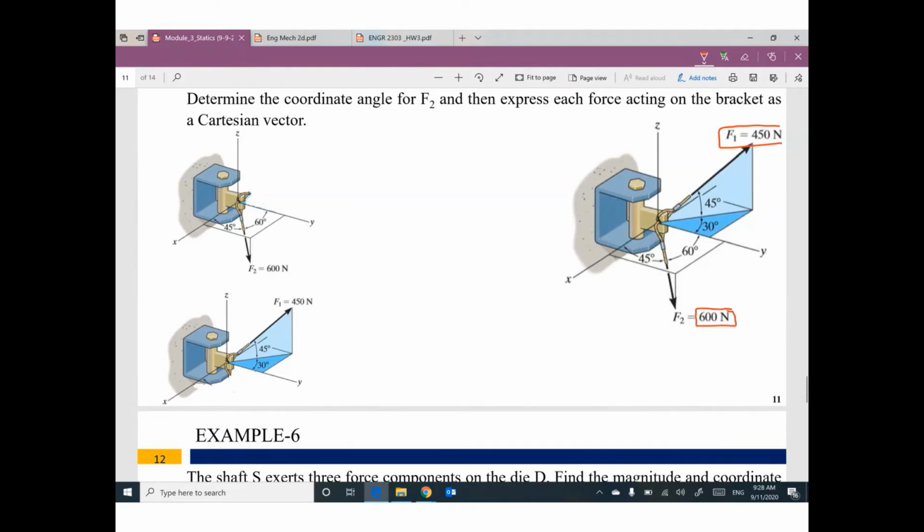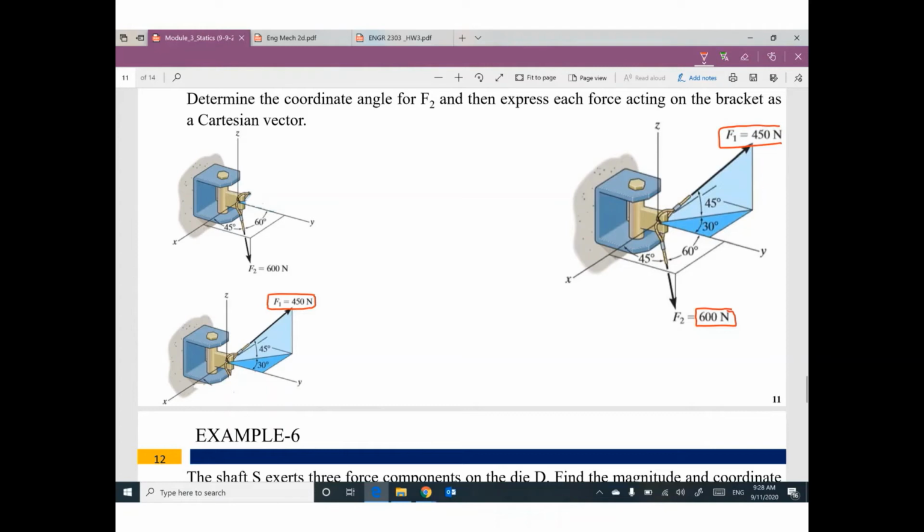So let's start with F1. This force, we have two angles given. Do you think we have alpha, beta, gamma? Or we are in the third case that we cover today? It's very simple. Do you have projection line?